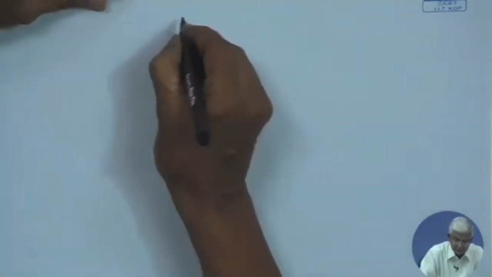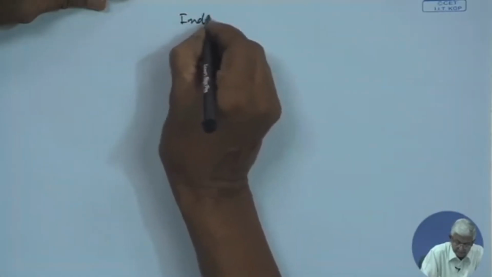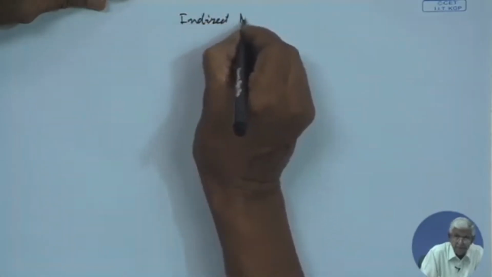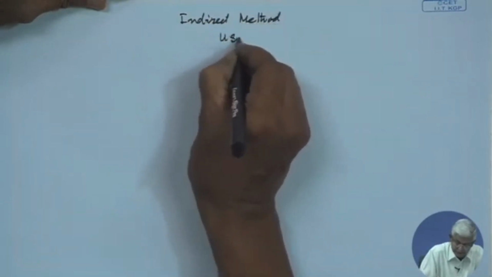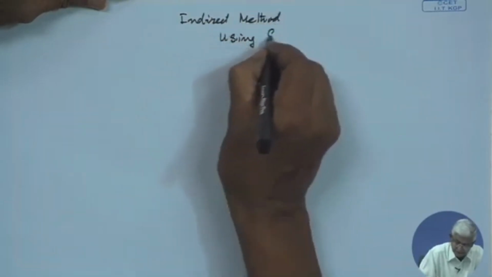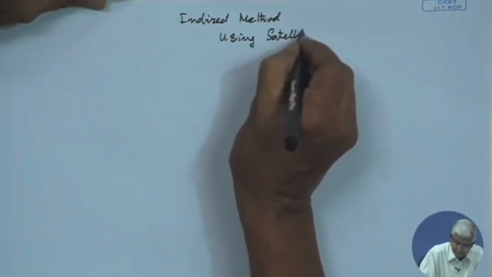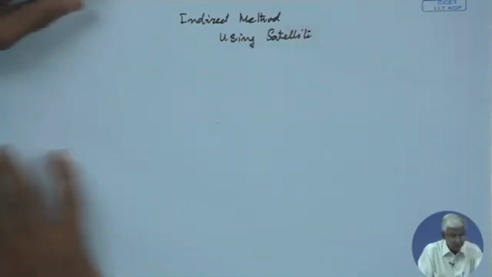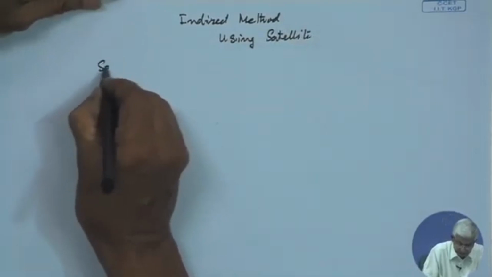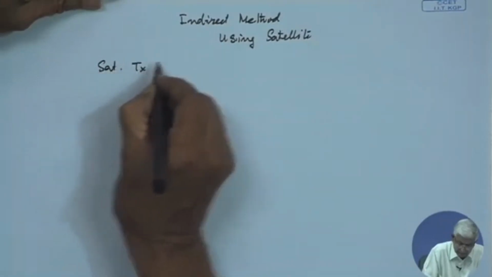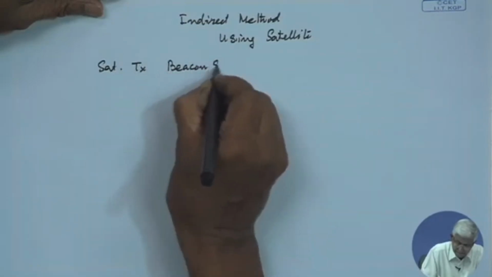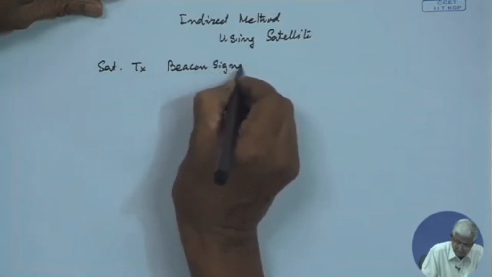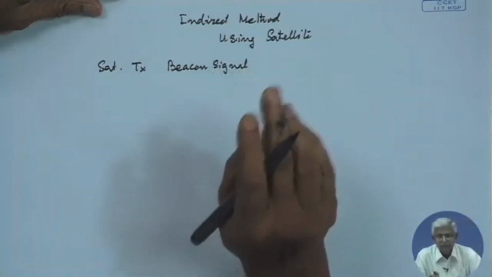There is another indirect method using the satellite itself. You know, the satellite transmits a beacon signal. That is to track the satellite.